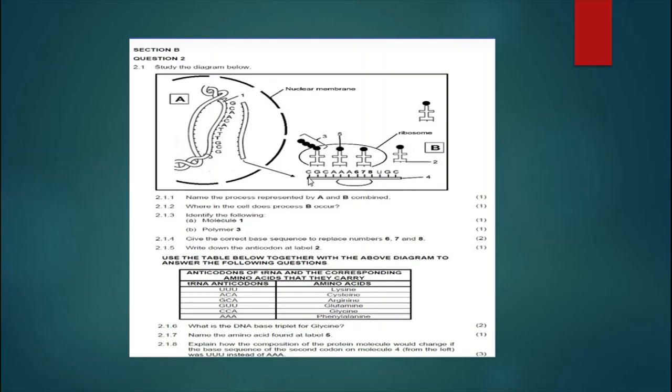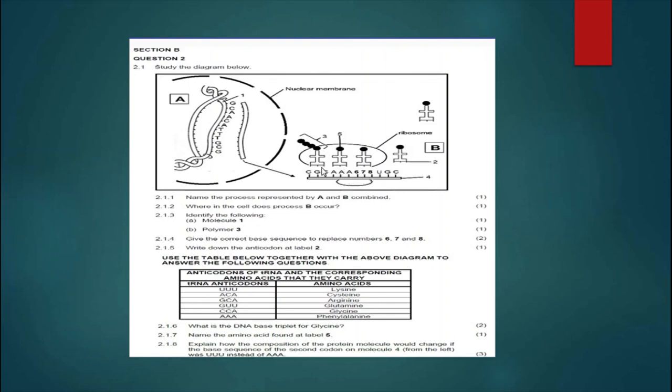We have C on the DNA, G on the mRNA; G, C this side; T, A this side, because T pairs with A. The third base triplet on the DNA molecule is ACA. Let's look at this side, we have 6, 7, 8.